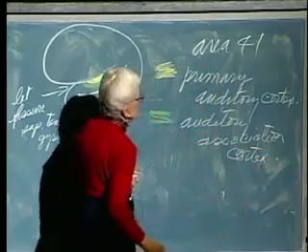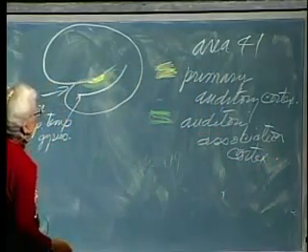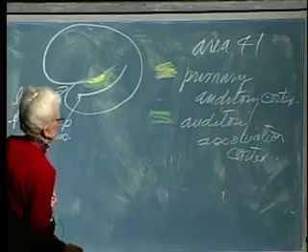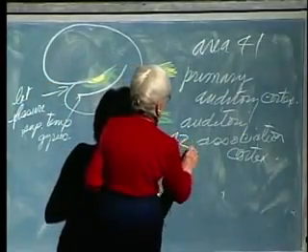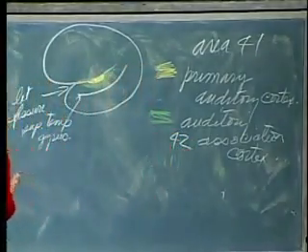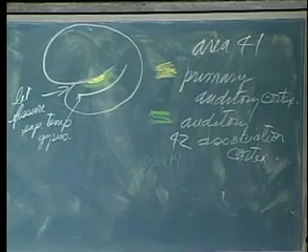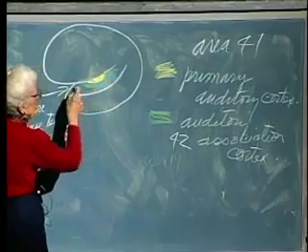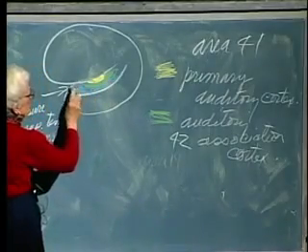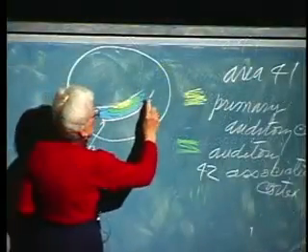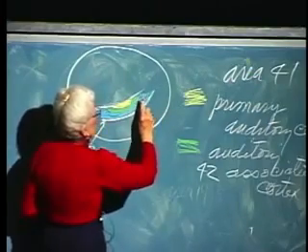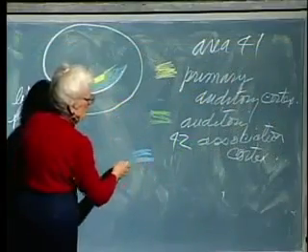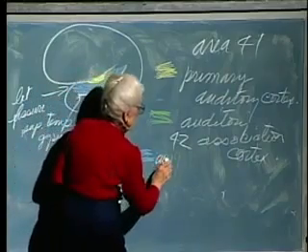And that will be area 42. And the rest of the superior temporal gyrus, anterior and posterior, will be area 22.